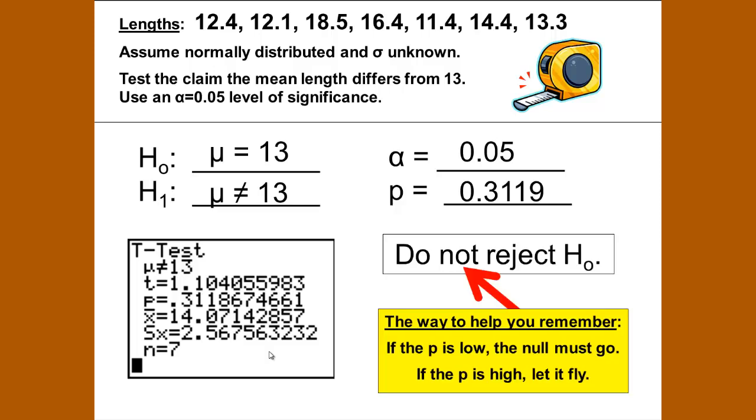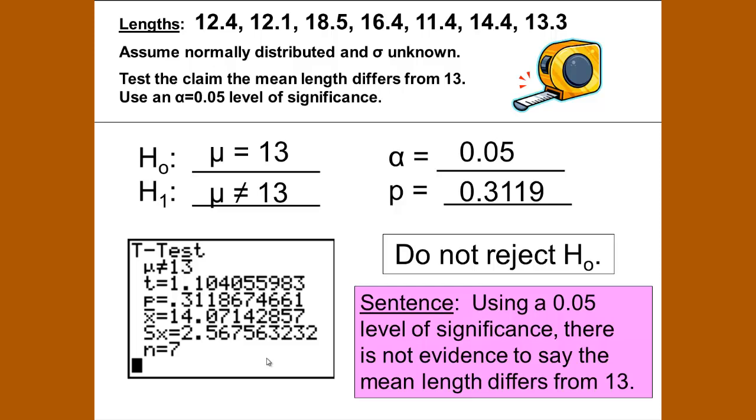Since the p is high, we will let it fly and do not reject H0. And since we do not reject H0, that gives us our sentence of using a 0.05 level of significance, there is not evidence to say that the mean length differs from 13.